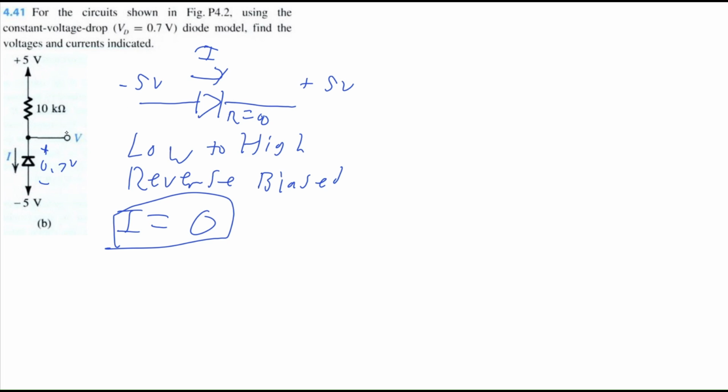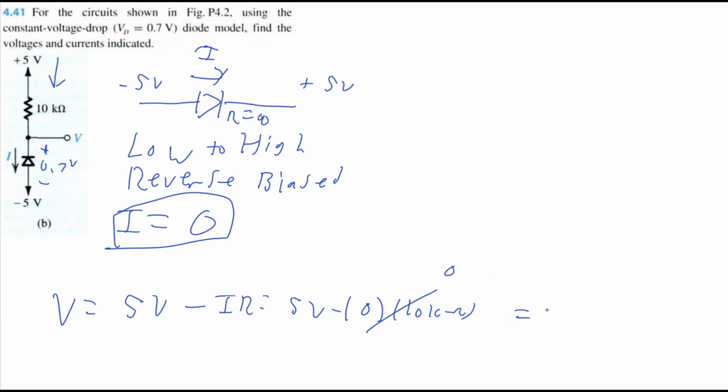If we use that principle to calculate voltage, V equals IR, so traveling down, it would be 5 volts minus IR, which is equal to 5 volts minus 0 times 10 kilo ohms. So that's just 0, and we're left with 5 volts.